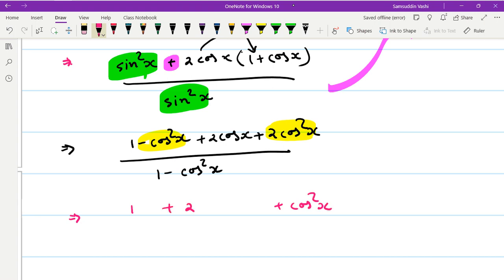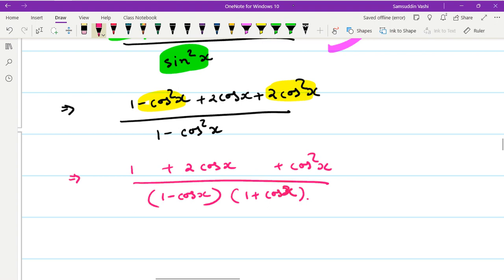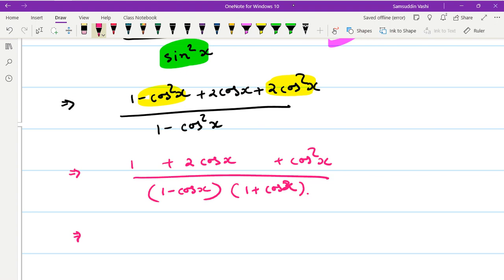What is this? 2 cos x. Denominator? 1 minus cos x, 1 plus cos x. Difference between 2 squares. Okay. What is the numerator? It's a trinomial. Right?